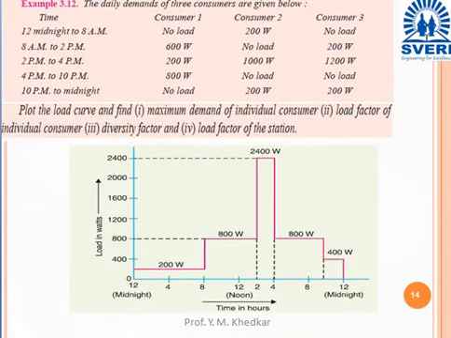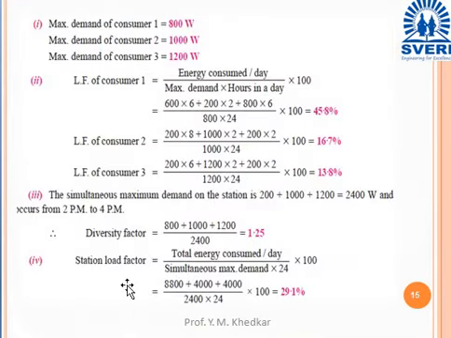Now, in the third part, we will calculate the station load factor. In the station load factor, we will have to calculate total energy consumed in a day divided by simultaneous maximum demand multiplied by 24.